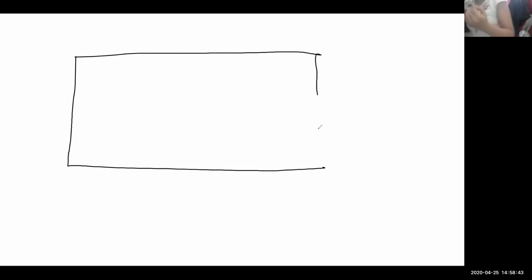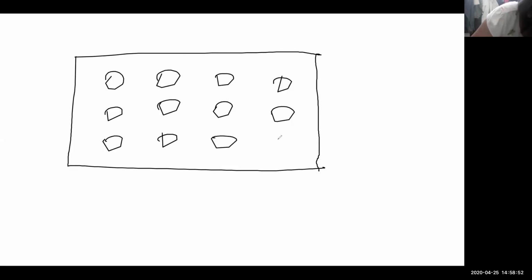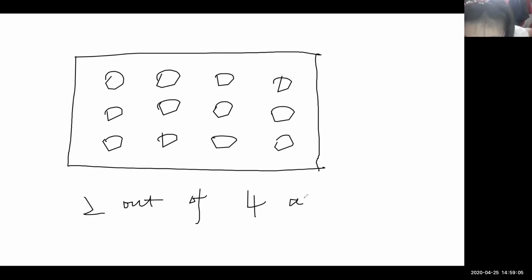So I have 1, 2, 3, 4, 5, 6, 7. Okay, good. So if I were to say 2 out of 4 are shaded, so what do you do?